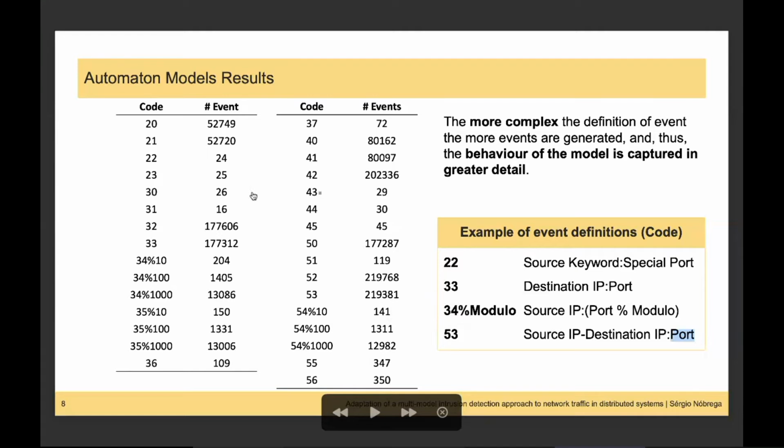But for other types of events like 22, it only generated 4 because it's using only the keywords, so internal or external, and the special port, which is just a few of the known ports in TCP/UDP, like port 80 or port 22 that we all know of.